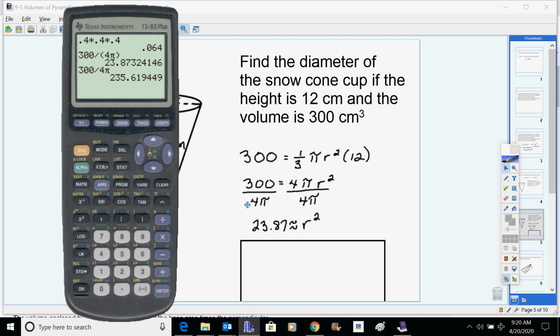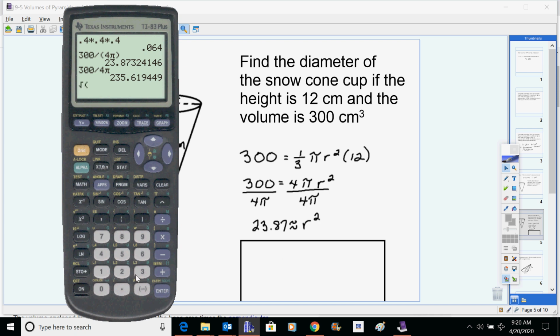So since we need to divide it by 4 pi and not just divide by 4 and then multiply by pi, you have to use these parentheses if you're doing this all in one shot in your calculator. The other option would be for you to take 4 times pi separately and then take 300 divided by that number. But 23.87 is our answer for that.